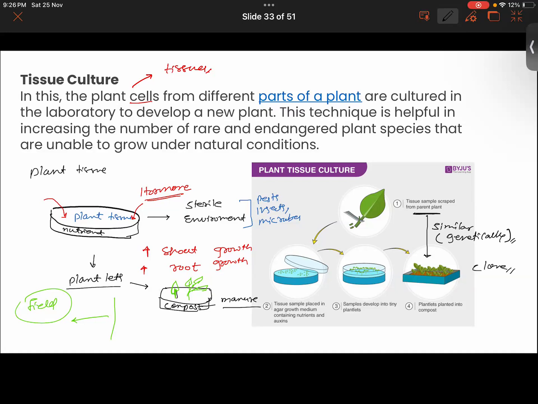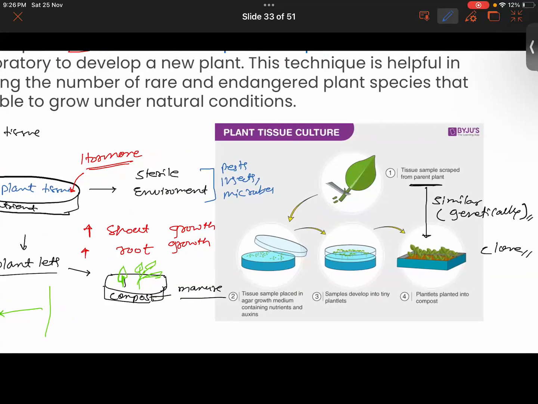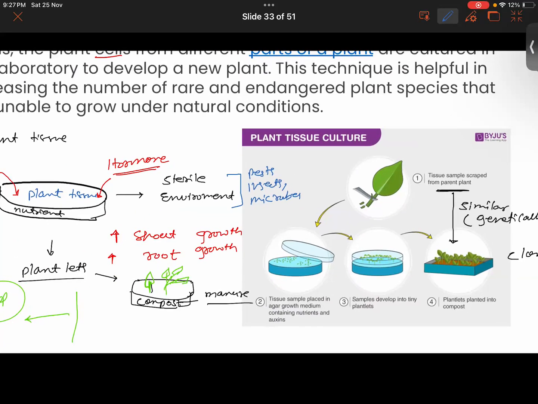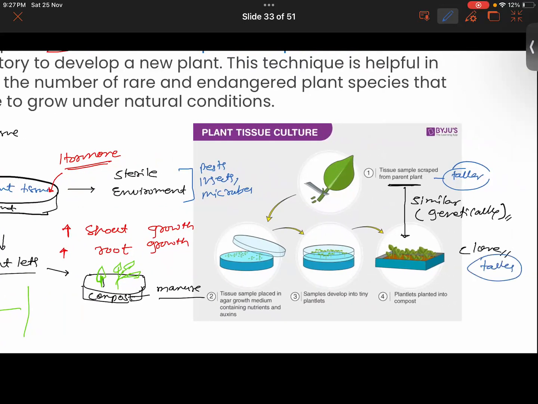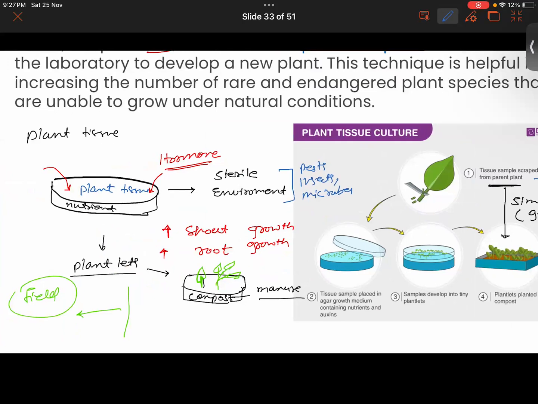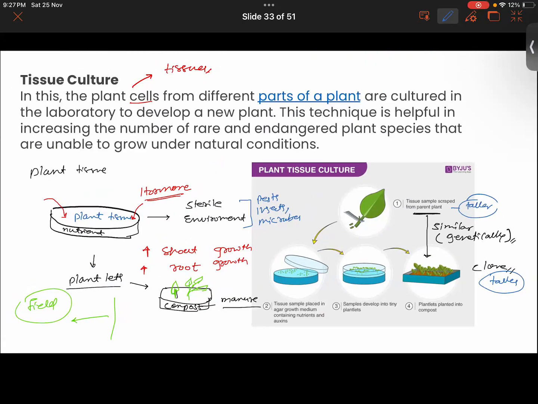Suppose the parent plants were taller, then the clone plants will also be taller, right? So this is basically the crux of tissue culture.